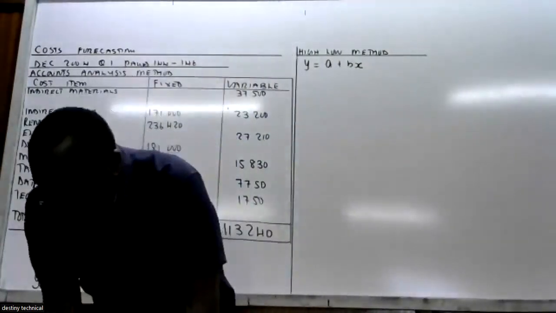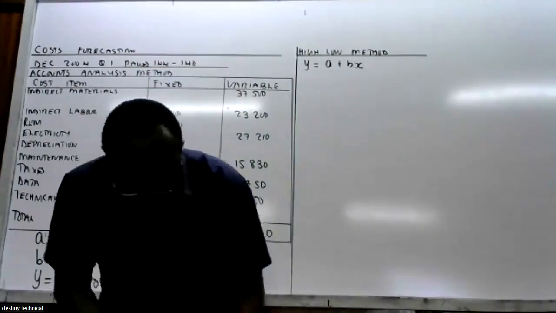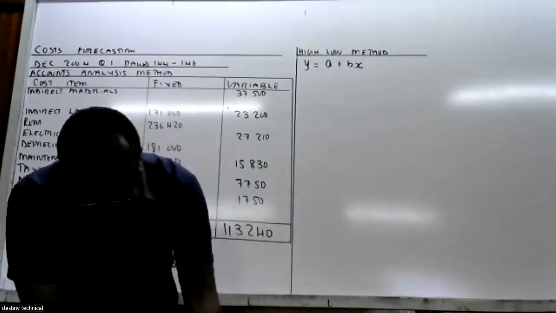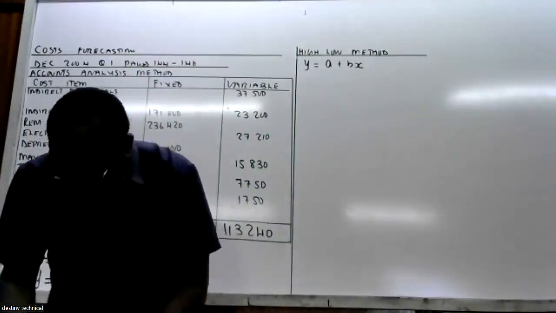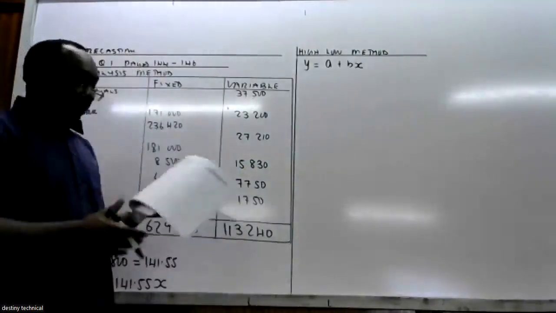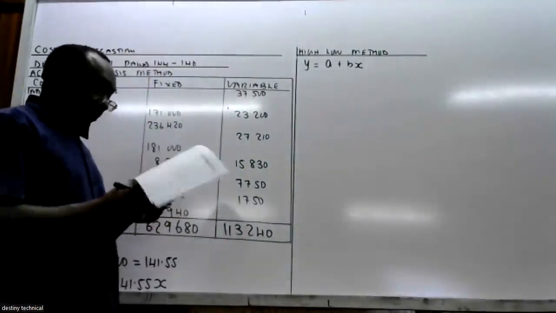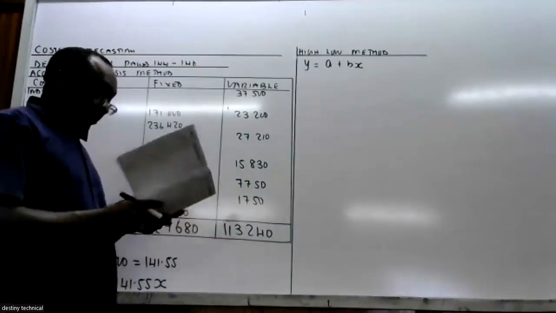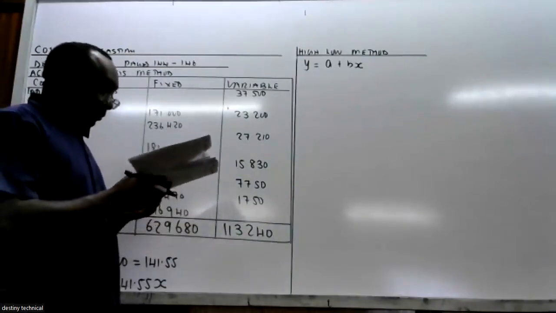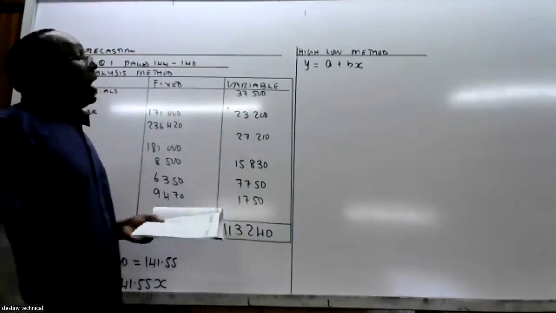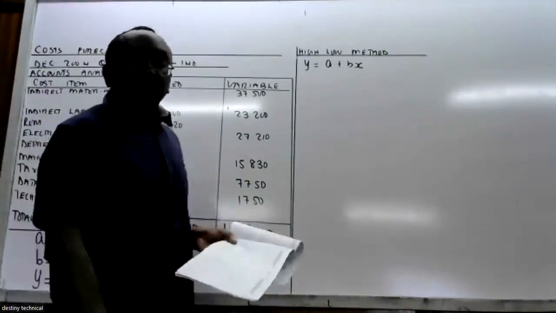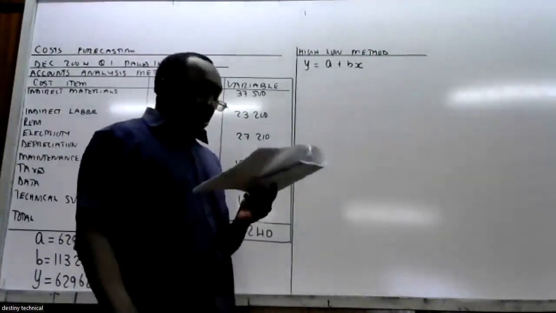Good. So what is the lowest number of units? 56,900. Good.